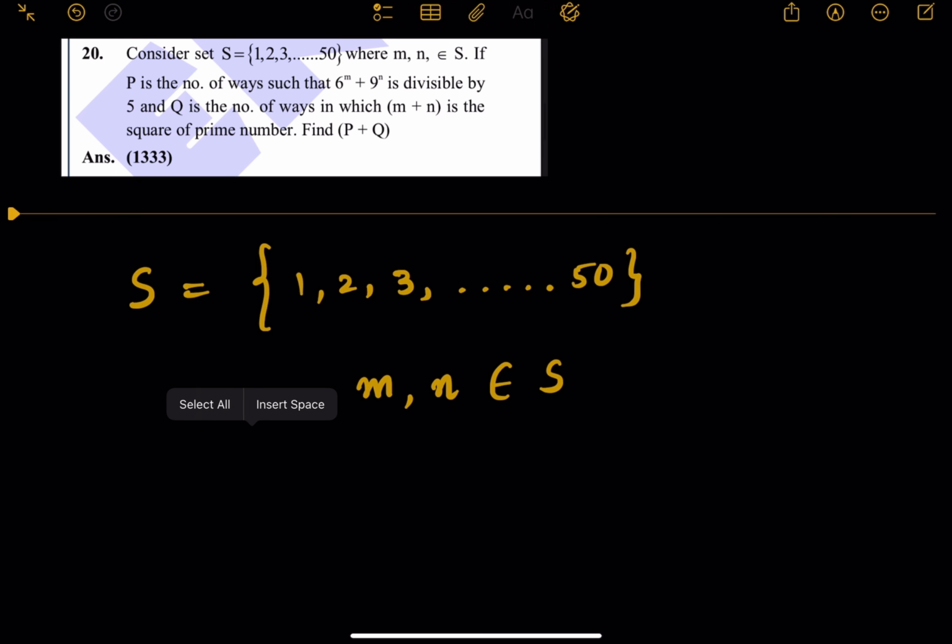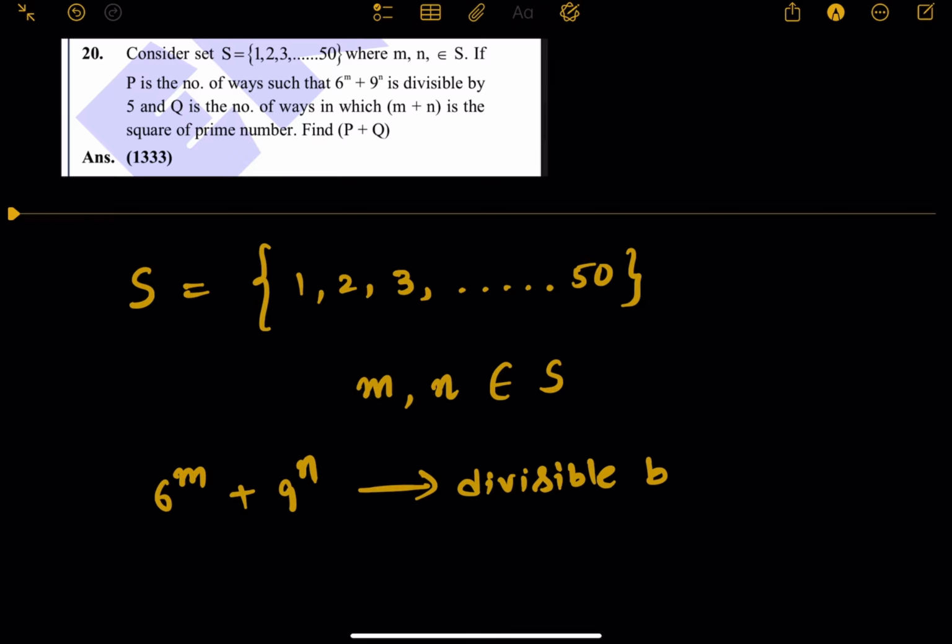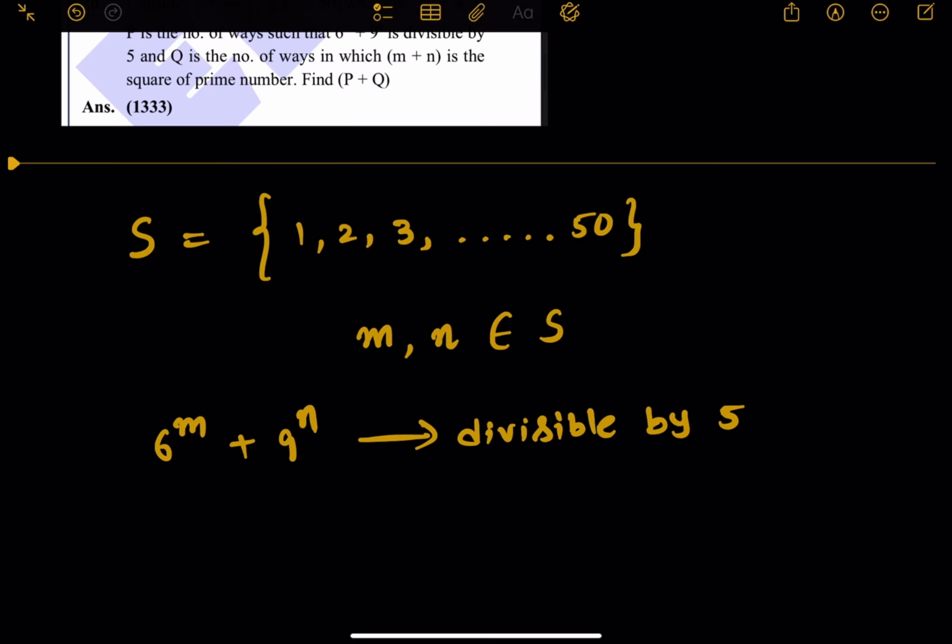Now this looks like a slightly difficult problem. You have a set S = {1, 2, 3, and so on up to 50}, where m, n belong to S. So you have to choose m and n, two natural numbers which belong to the set S. If p is the number of ways such that 6 to the power m plus 9 to the power n is divisible by 5, and q is the number of ways such that m plus n is a square of a prime number, let us say q square, where q is prime.